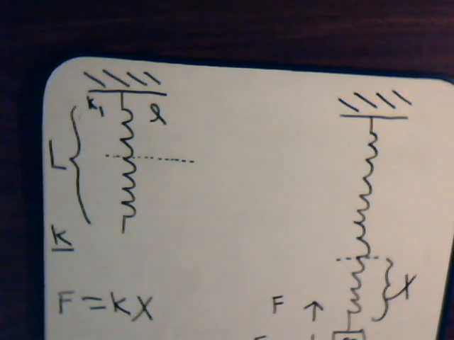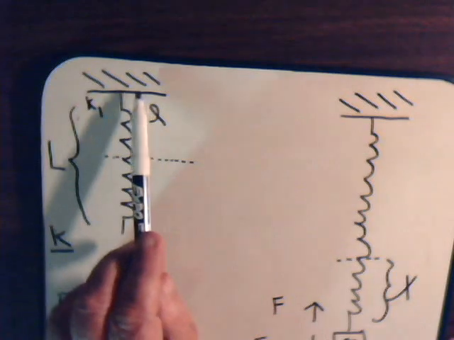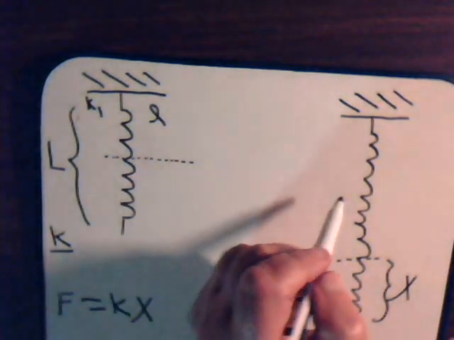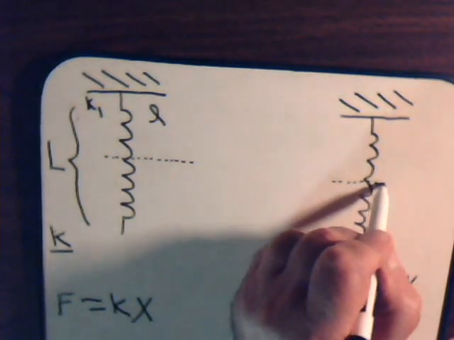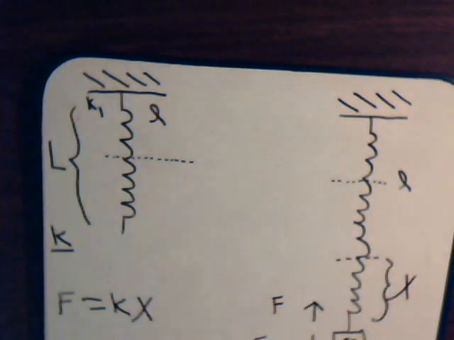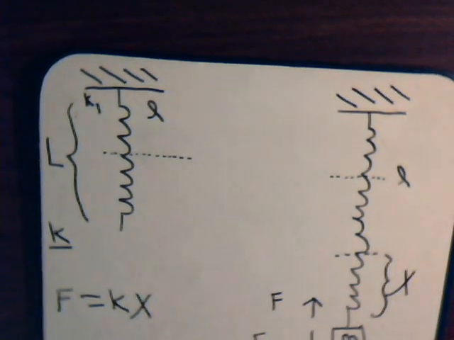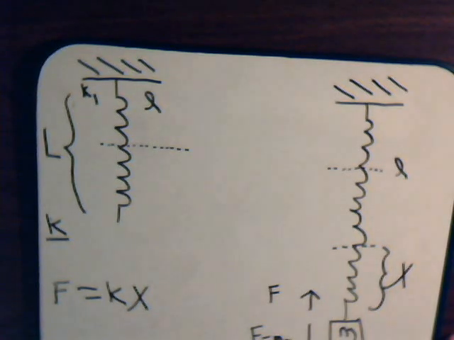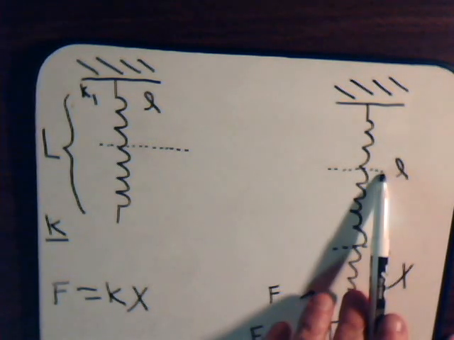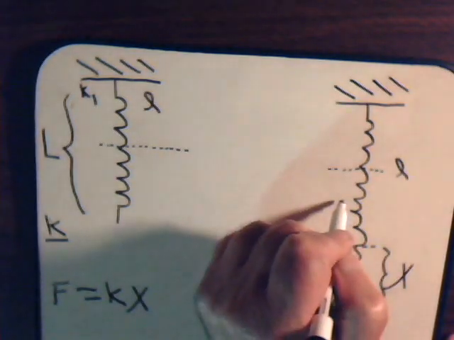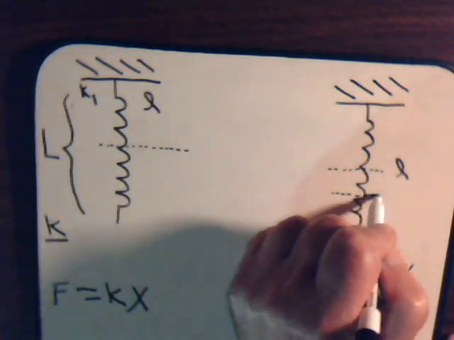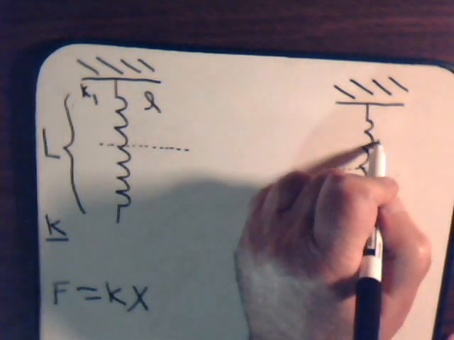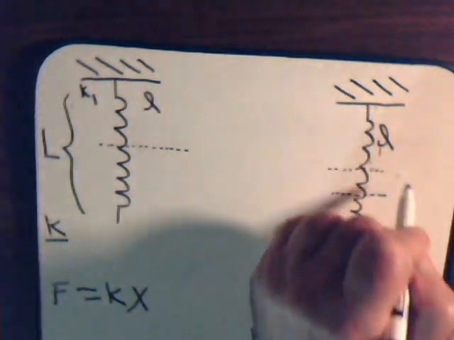Well, first let's consider this question. If the shorter part of the spring is of length l, when we add the mass to it and the bottom part of it got displaced at distance x, how far will this point get displaced? This was distance l.